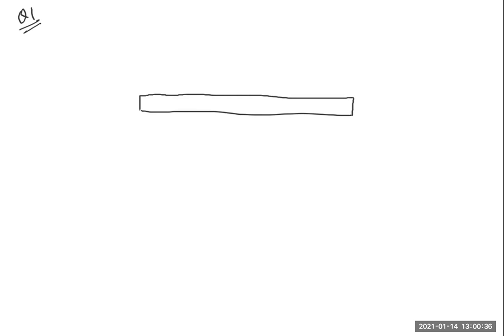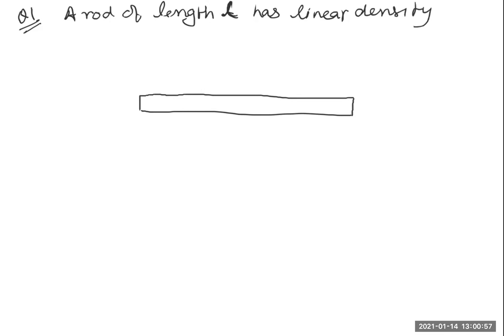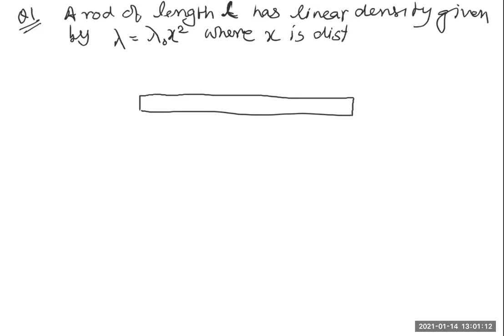Question number 1. A rod of length L has linear density given by lambda is equal to lambda naught x square, where x is distance from one end as shown.